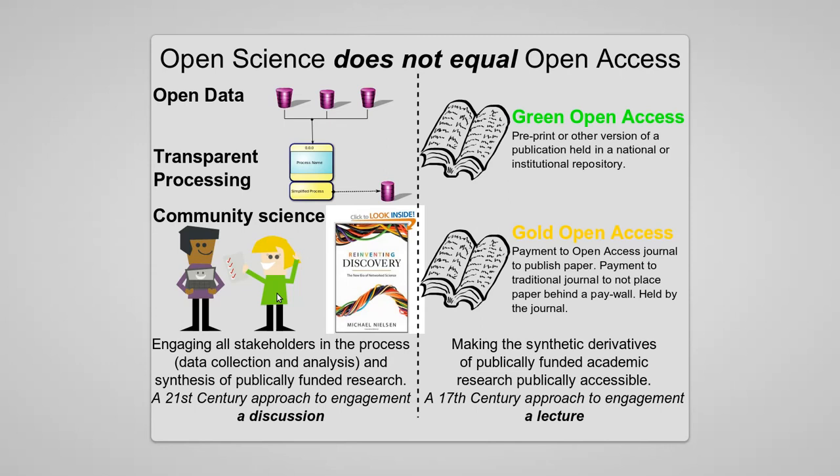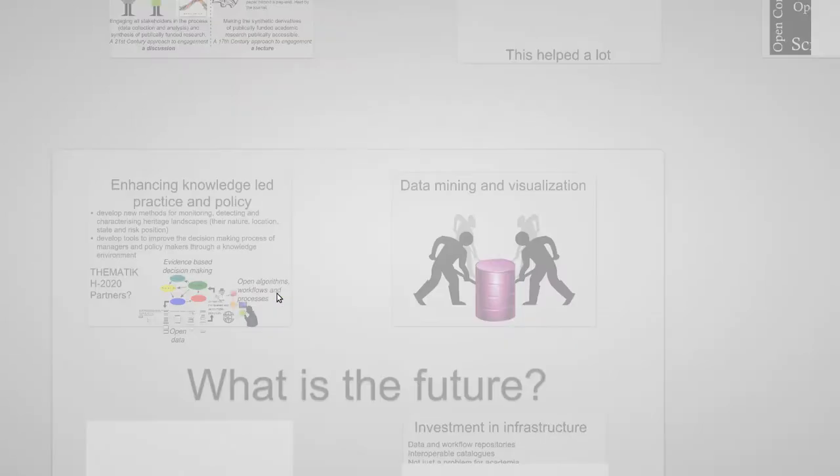It's about opening up the data, opening up your workflows, embracing a scientific community and building different communities of practice to analyse your data, as well as publishing in an open way. And so open science is much more about the discussion and the process of data, whereas open access I see very much more about providing the lecture, providing the platform.